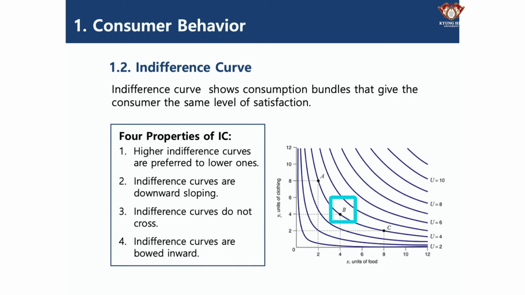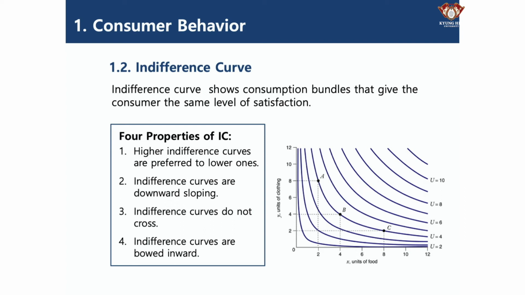At point B, the bundle is different, and total utility is 4, the same. So A and B have different compositions of C1 and C2, but total utility is the same. So that is the definition of an indifference curve.